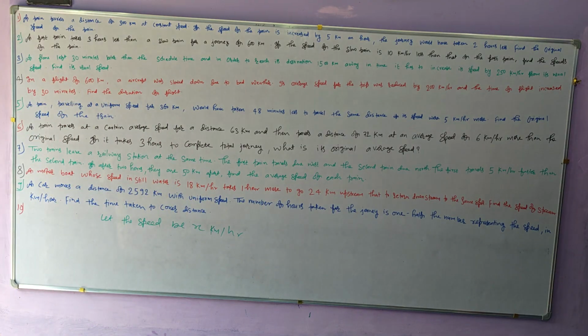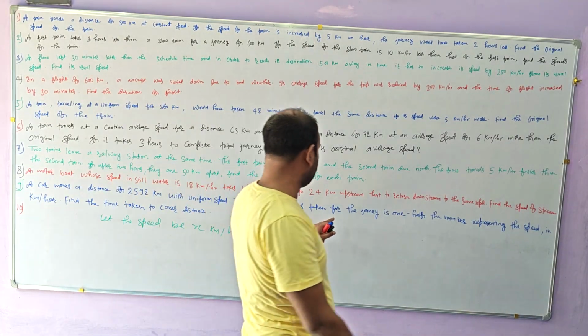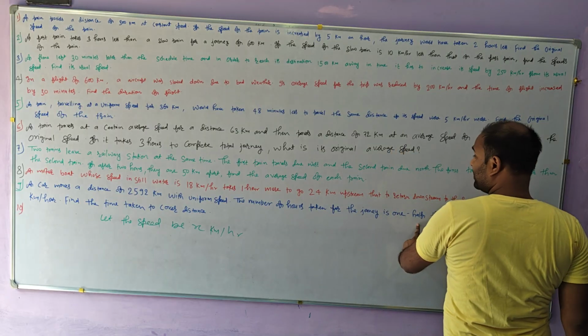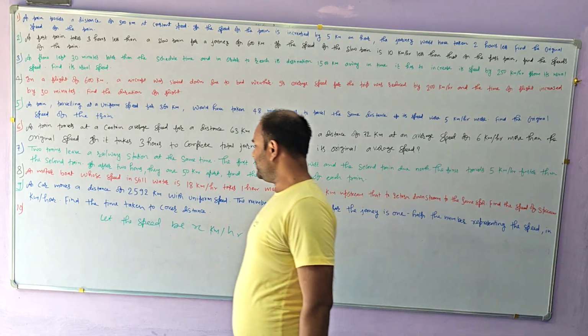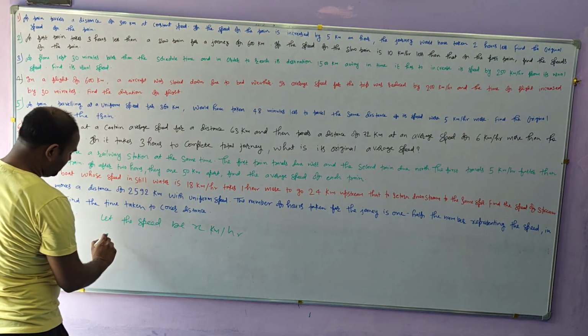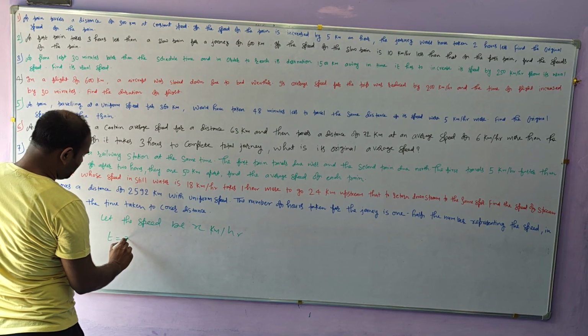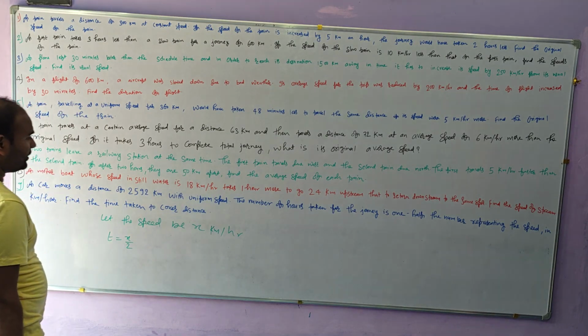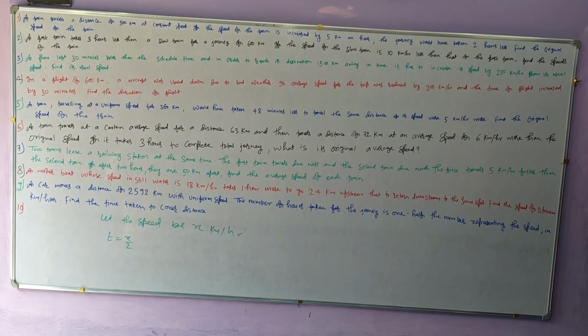Now time taken is what? One half, that means time t is equal to x upon 2. And we already have distance 2592.